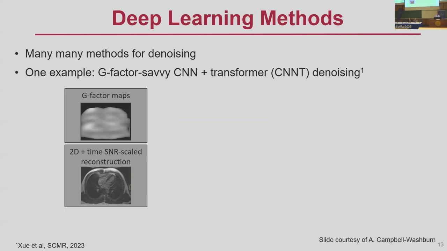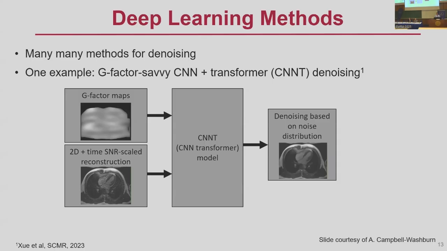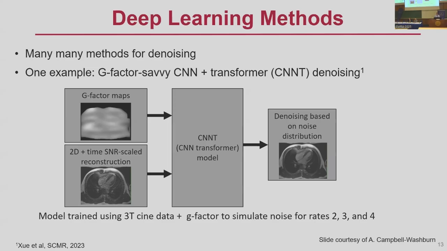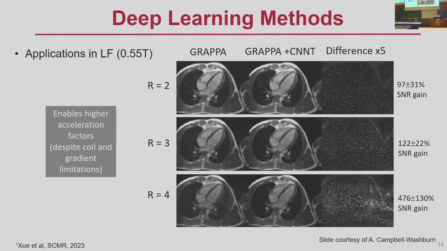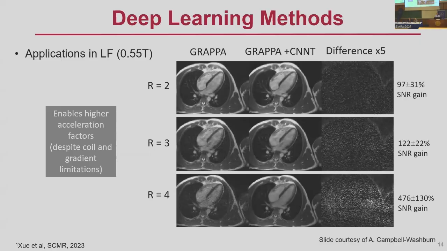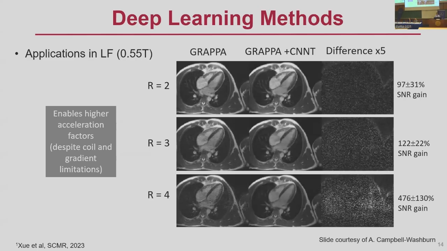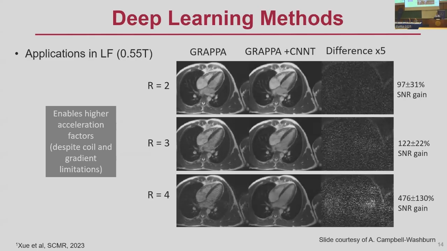And this method takes that into account. So it takes the G-factor maps as an input as well. And then it does an SNR scale reconstruction of the data set. And then it does a denoising based on that nonlinear noise amplification that you know from the G-factor. So this was applied to 0.55 Tesla denoising, and you got some really good results in terms of the noise reduction. And this gets you to visualize high acceleration data sets.